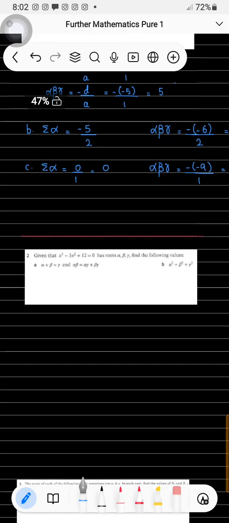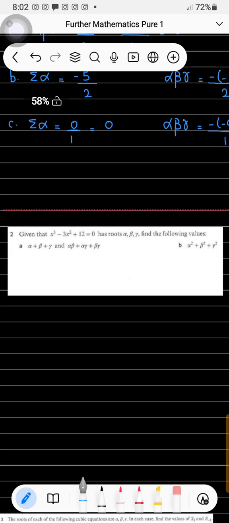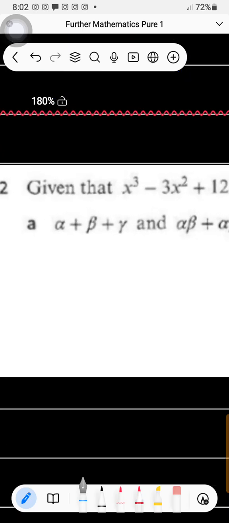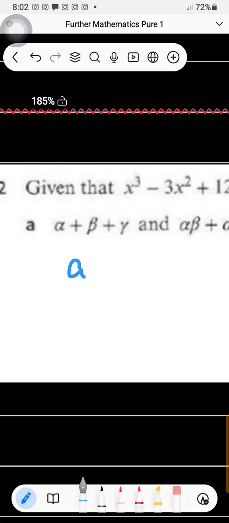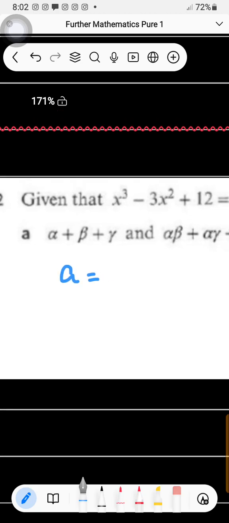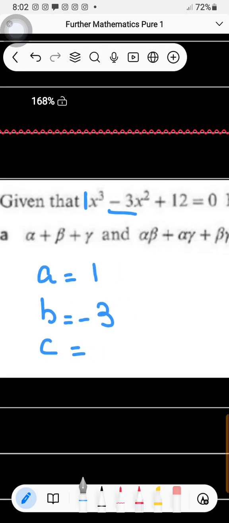So here is question 2. Given that x cube minus 3x square plus 12 equal to 0. First of all we will note down that a is equal to 1. Here is 1, so a is 1. b is equal to minus 3. c is the coefficient of x power 1.